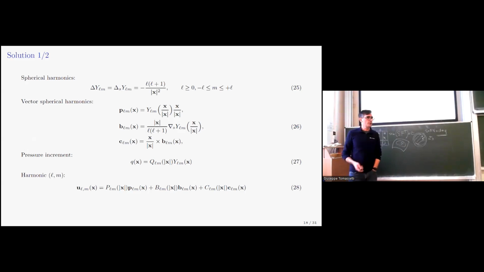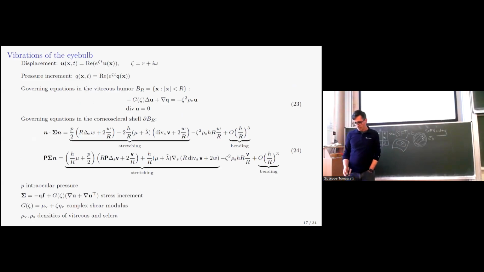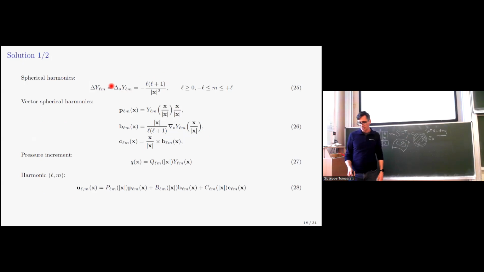But we are working not only with scalars. This W, the normal component of the displacement, is a scalar, but V is a vector. So you also have to involve the so-called vector spherical harmonics.